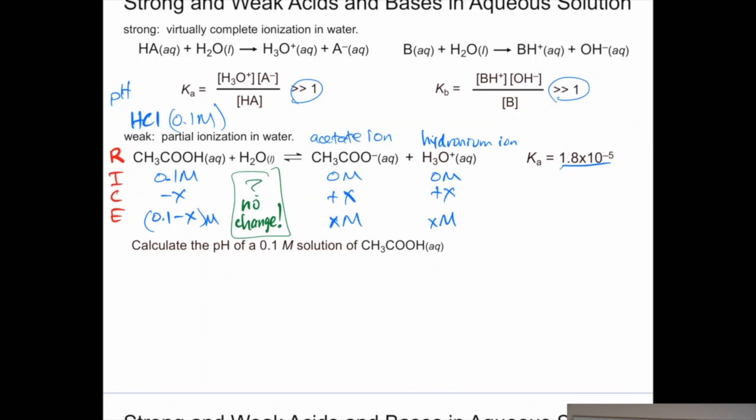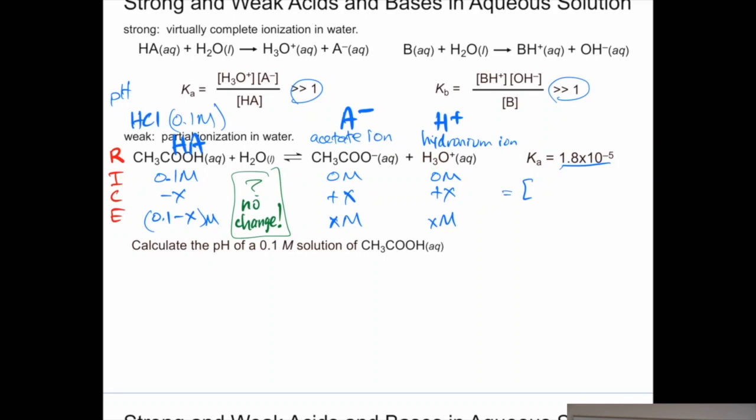So we can build our equilibrium expression because we know that Ka is equal to the concentration of, do I have to write all of this in? Do you know what A minus is in this reaction? What's A minus? CH3COO. It's the acetate ion. That's A minus. This is our H plus, and this is our HA. Okay?